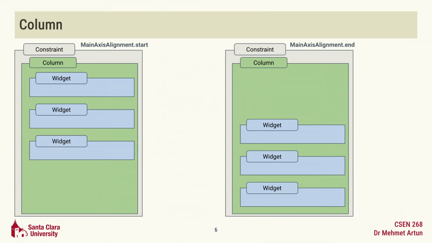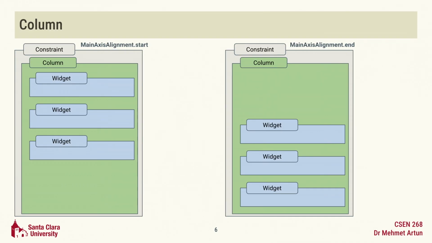The next thing is something called main axis alignment. We know that both of these columns have not been restrained on the main axis size, so they fill this space. But now the children widgets, how should they be placed in this space bigger than they need? This is the default one, main axis alignment start, which will put the widgets on the top.